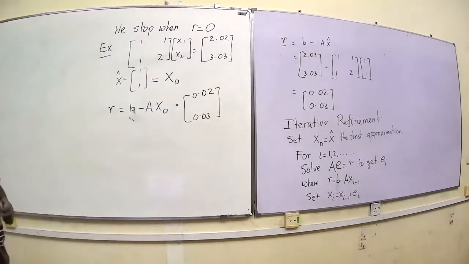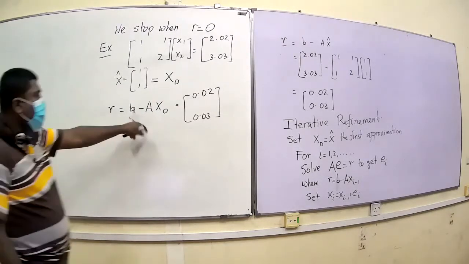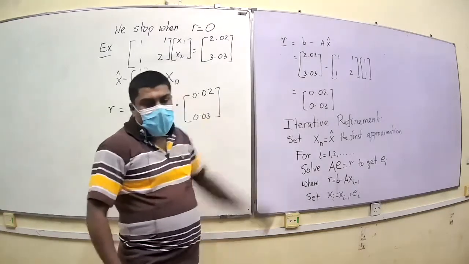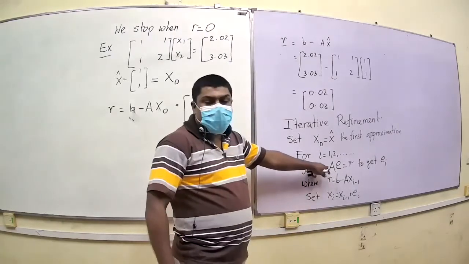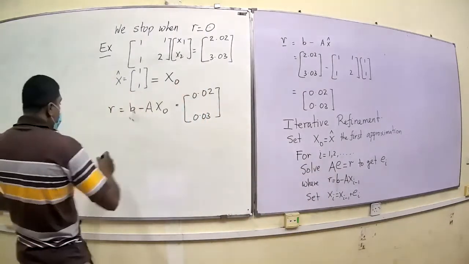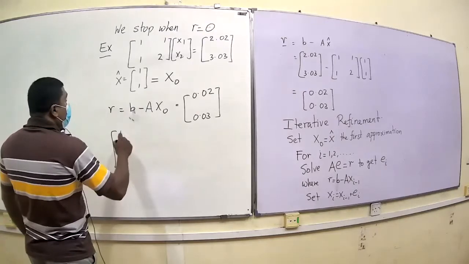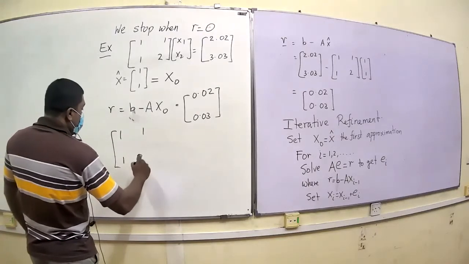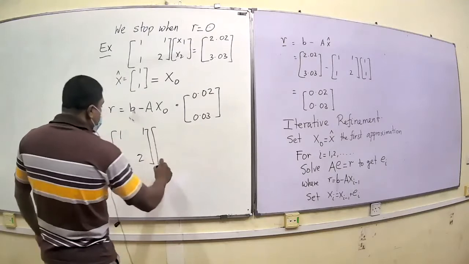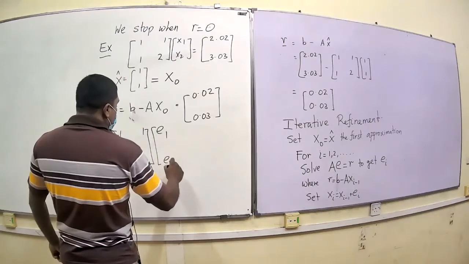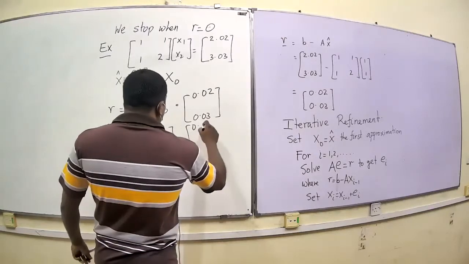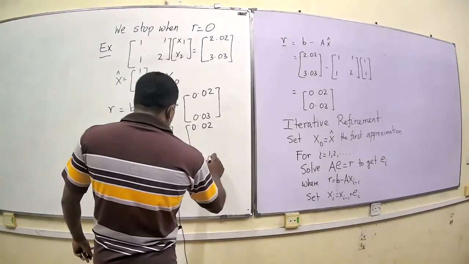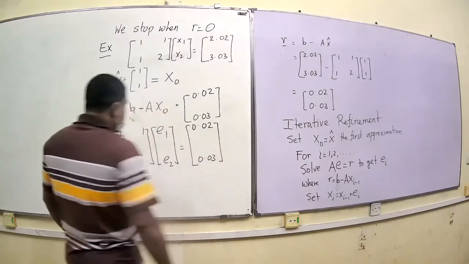I already found it, so I am writing it again without showing the work. Next, after finding r, I need to solve the system A e equals r: 1, 1, 1, 2, times e1, e2, is equal to 0.02, 0.03.